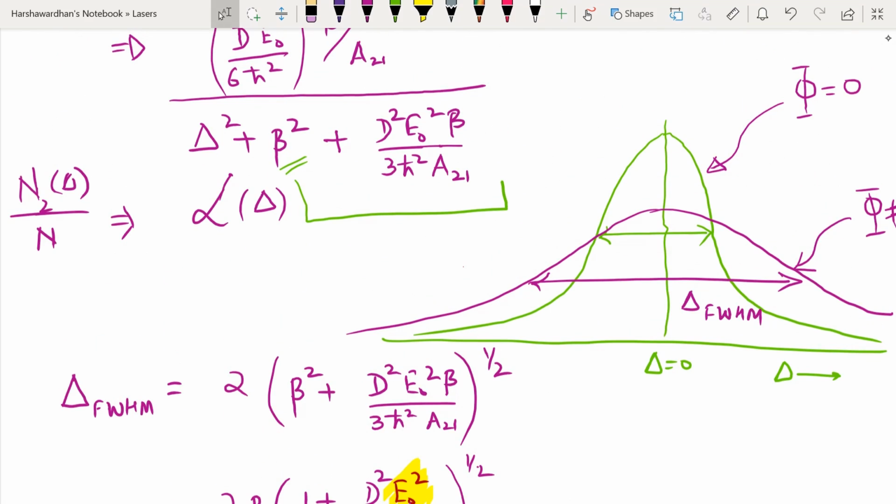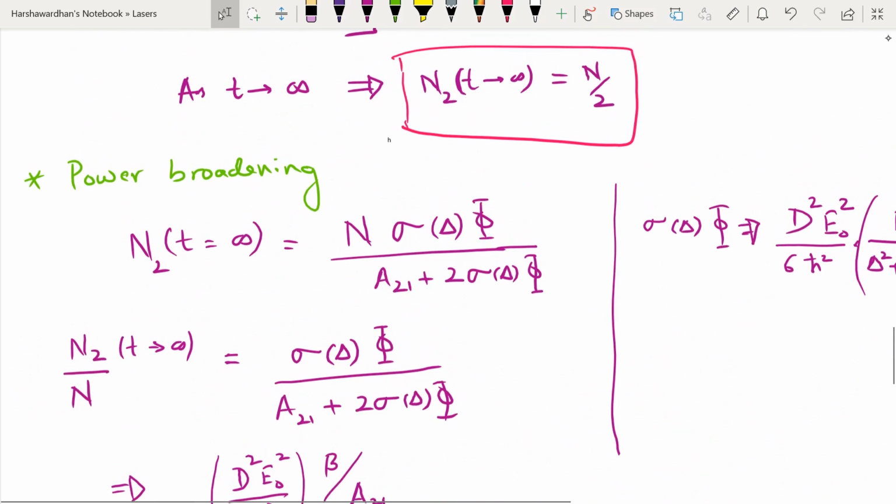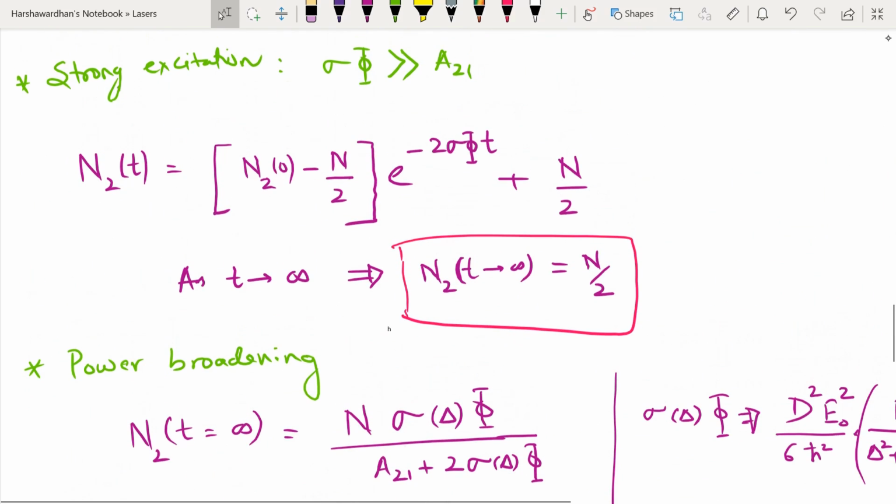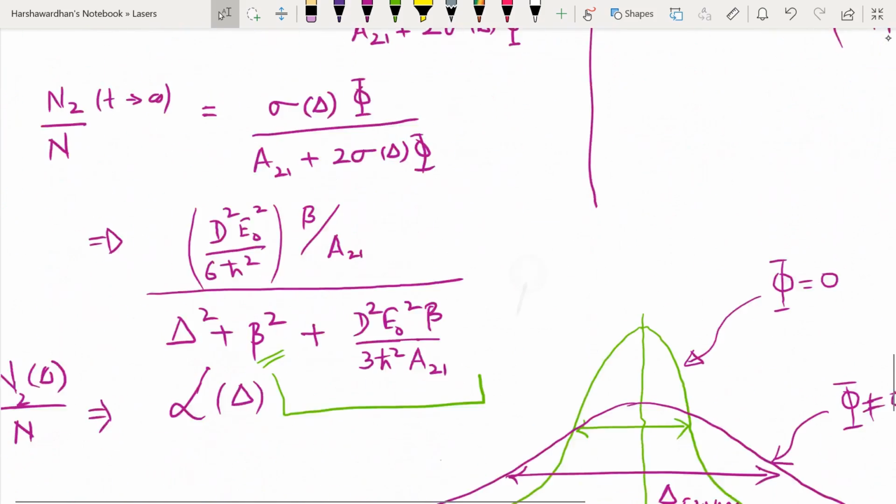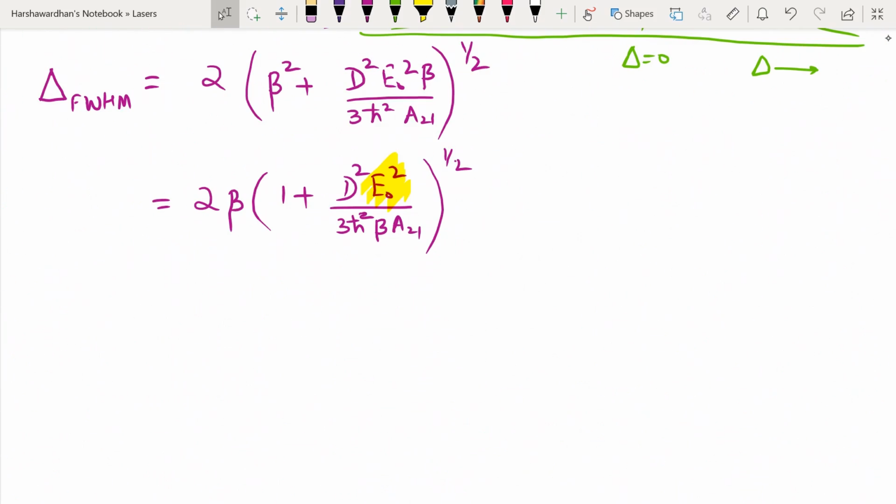The early lesson we have learned is that as you keep increasing the intensity of the light, in the strong excitation regime you basically equalize the population of the ground and excited states, and that leads to a decrease in the population inversion that you have to create to obtain lasing. So we have to keep these lessons in mind in order to obtain lasing as we go ahead in the course.